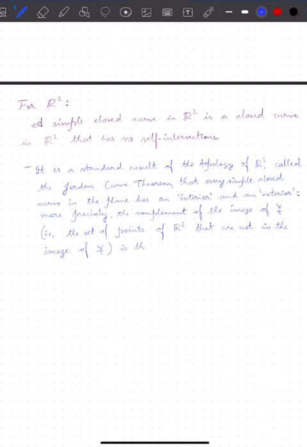So the complement of the image is the disjoint union of two subsets of R2, and those are denoted by INT, meaning interior of gamma vector, and exterior of gamma vector.